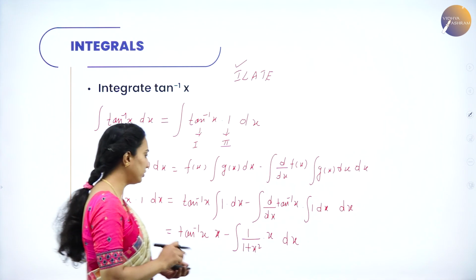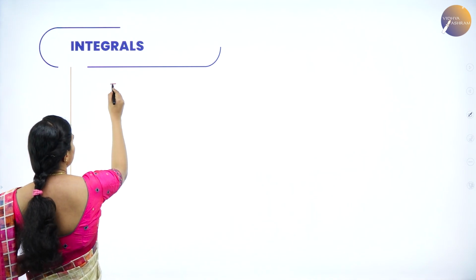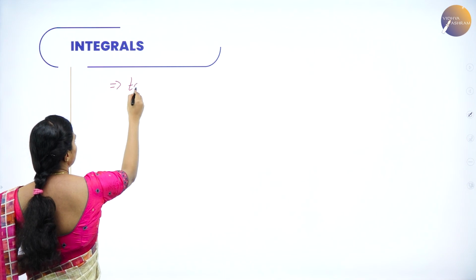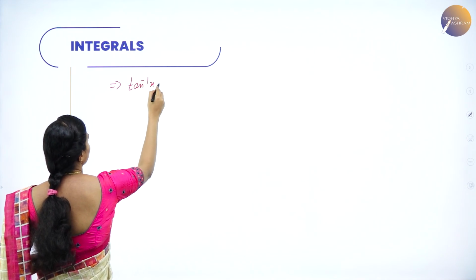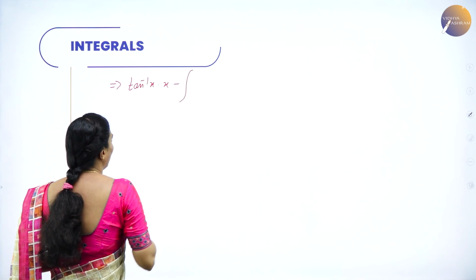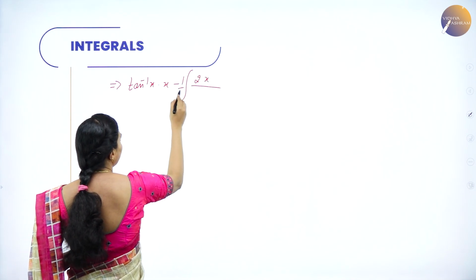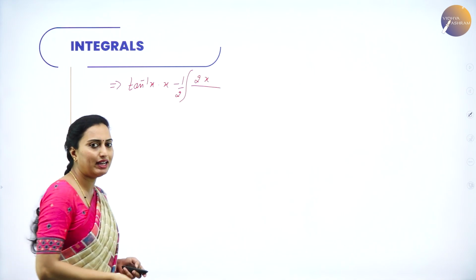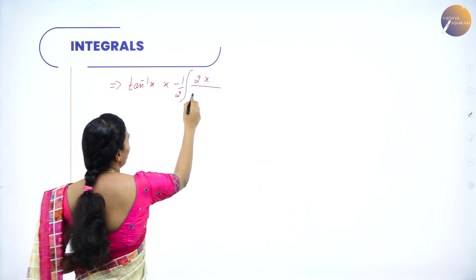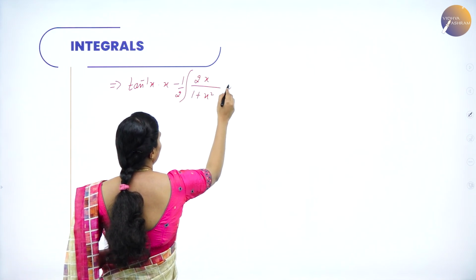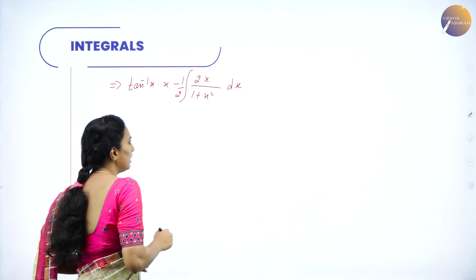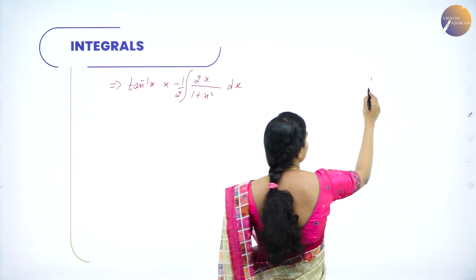Therefore, you want to divide and multiply by 2 because you do not have 2 in the numerator. So what I am going to do in this case, which implies tan inverse x into x minus integral of, I am going to multiply by 2 and divide by 2 to balance the step, isn't it? 2x divided by 1 plus x squared into dx. Now, you can see here, let 1 plus x squared be equal to t.